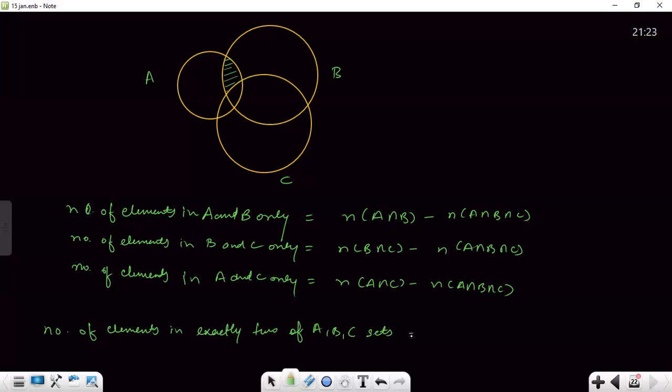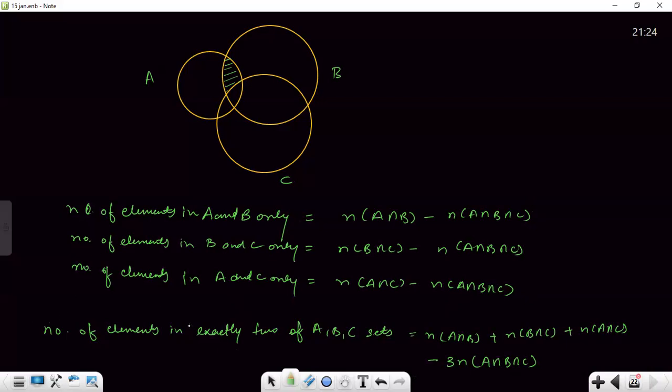Okay. So for these we can sum them all, right? So n of A intersection B plus B intersection C plus A intersection C minus 3 times n of A intersection B intersection C. That is the formula for the number of elements in exactly two of A, B, C sets.